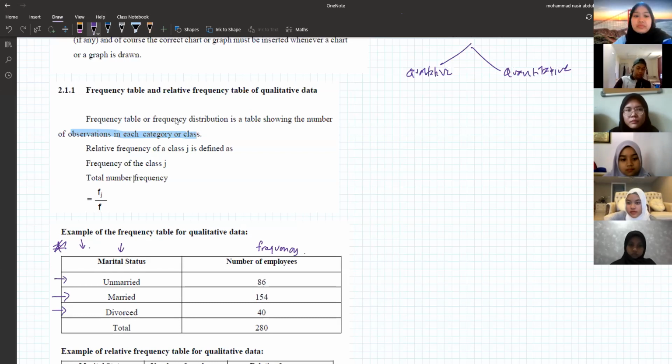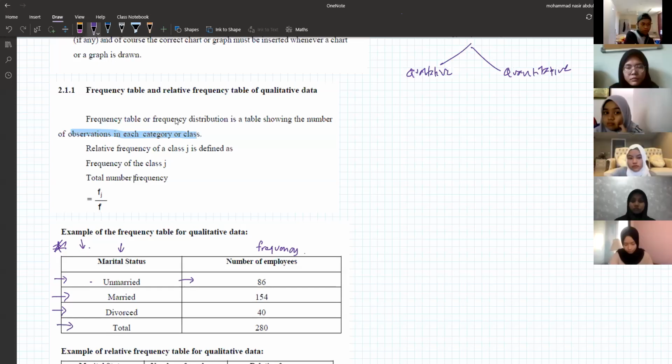So for this example, we are looking at a qualitative variable, for example marital status. We have unmarried, married, and divorced. So on the second column, we should indicate how many persons unmarried, how many persons married, and how many persons divorced. And the last row should indicate the total number of observations, right?